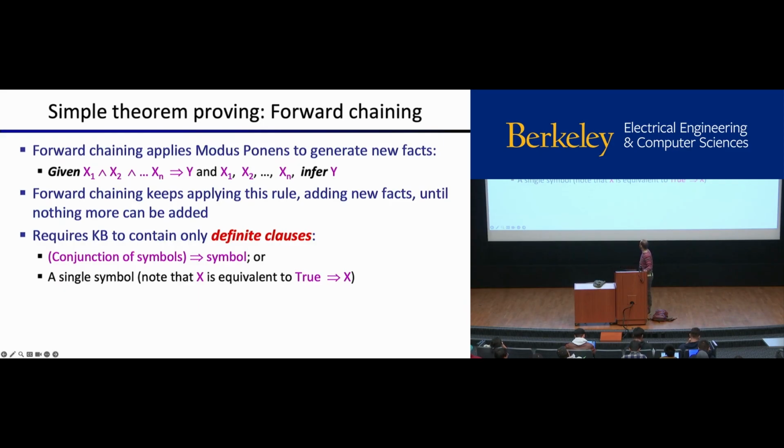But there are certainly settings where we'll get sentences of that form. So if all our sentences are this form, or of the form single symbol, a very simple sentence that just says x is true, then we can use the forward chaining algorithm. This is the setting where this inference algorithm can produce all entailed sentences, and it will only produce those sentences that are entailed.